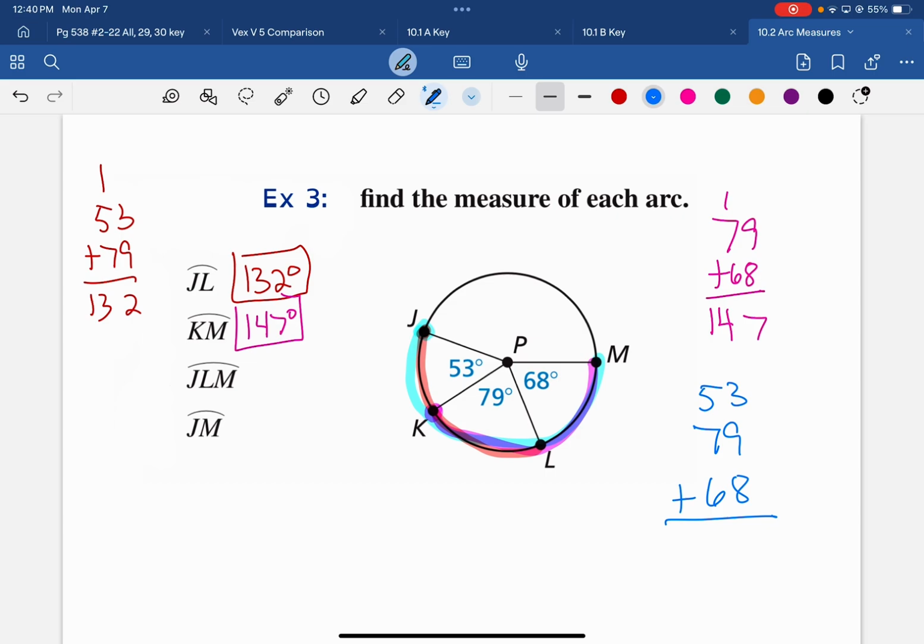So 3 plus 9. 3 plus 9 is what? 12. Plus 8? 20. So put the 0, carry the 2. 2 plus 5. 7 plus 7. 14 plus 6. 20, right? So it's 200.